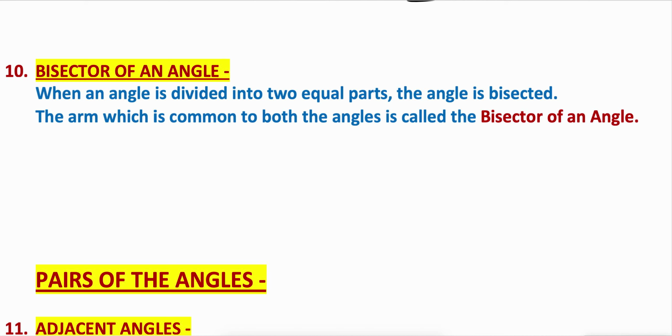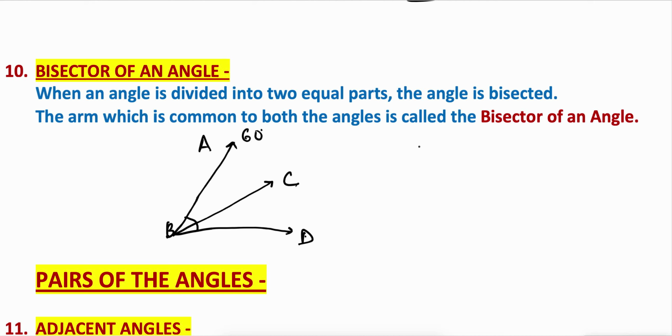Suppose this is an angle of 60 degrees, with points A, B, C and D. The angle ABD, which is equal to 60 degrees, is divided into two equal parts, that is angle ABC plus angle CBD.